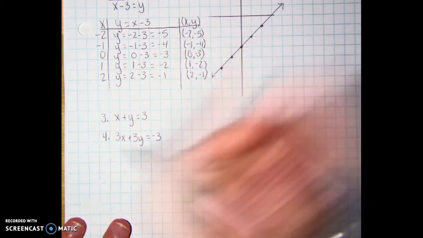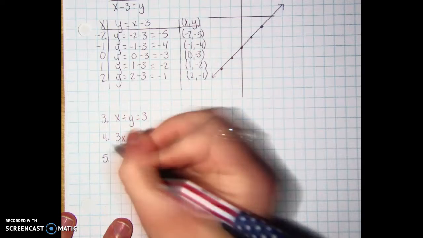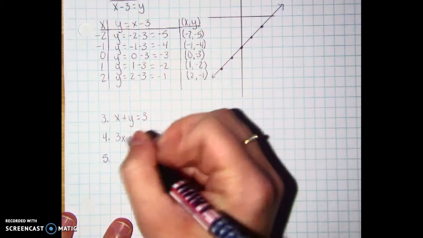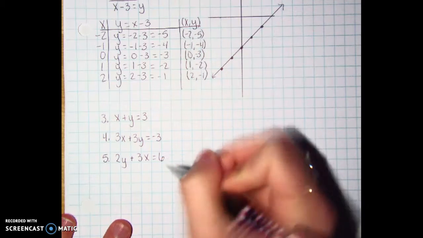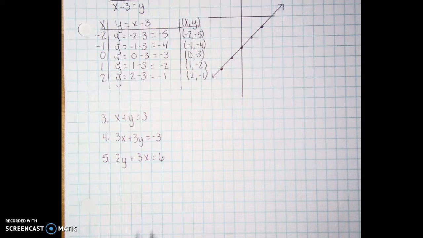Last one, number 5, is 2y plus 3x equals 6. And you'll get a couple decimals for your answers on that one, but it'll be like a 0.5 type decimal, so it's not that bad. But go ahead and do those 3 problems and then turn this paper in so you get credit for it.